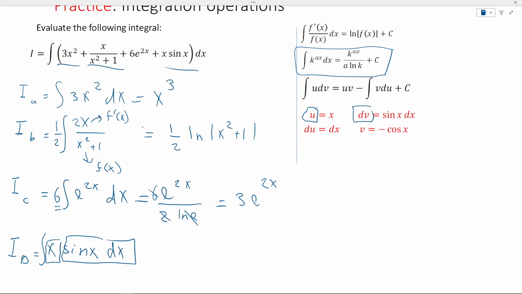And usually, remember, I told you there was a rule for which one to make your u and your dv. If you follow the sequence of functions, you will know. If you check this slide, remember, let me show you this slide here.